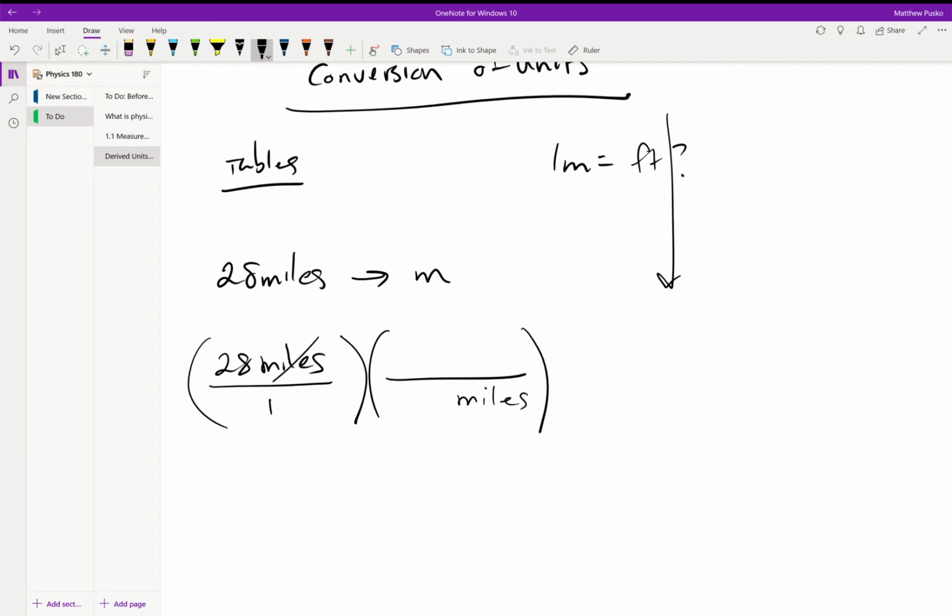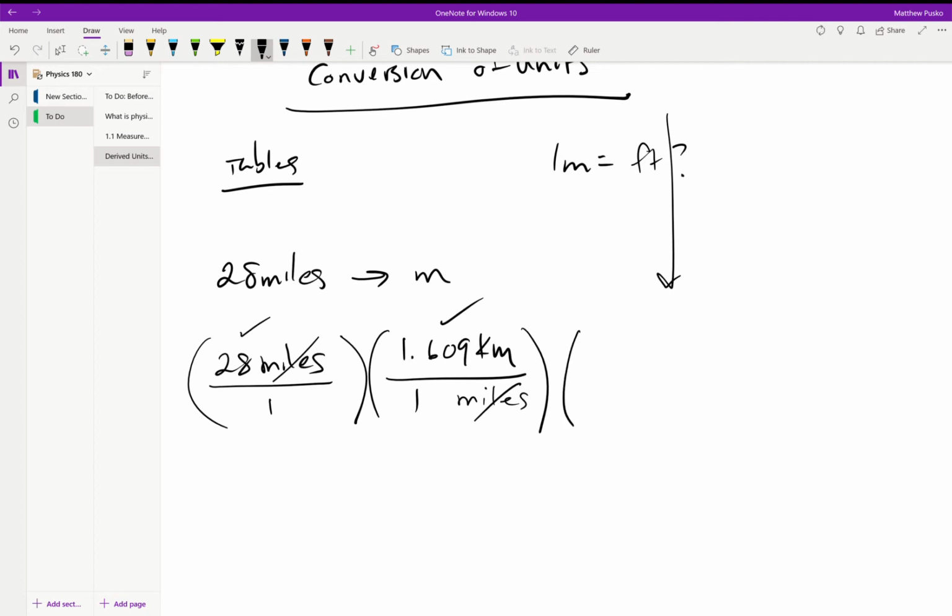Now let's come up with some proportionality. If I want it in meters, then I can use the fact that 1 mile, this is coming from a table, is equal to 1.609 kilometers. That cancels miles and miles, and we have an answer in kilometers now by multiplying 28 by 1.609.